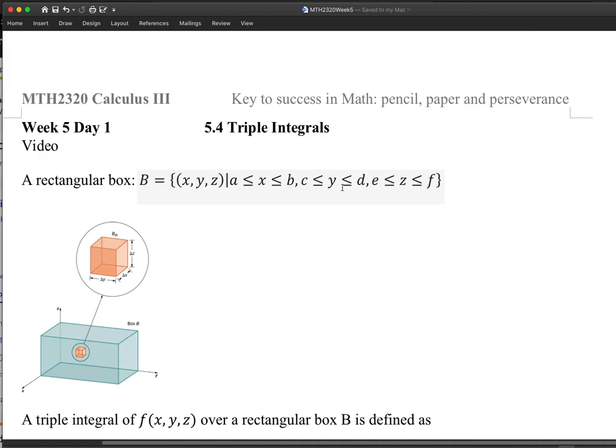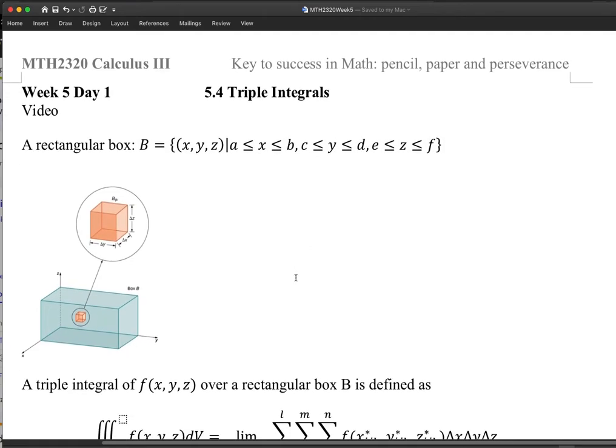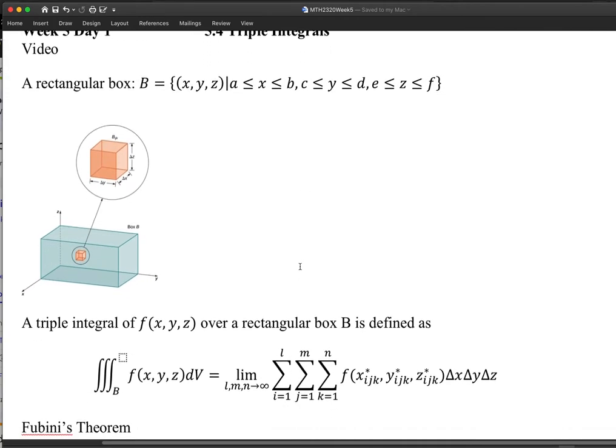And then for the triple integral over a rectangular box, we can consider this function of three variables as a density. The solid rectangular box is not of uniform density, but we do know the density distribution.